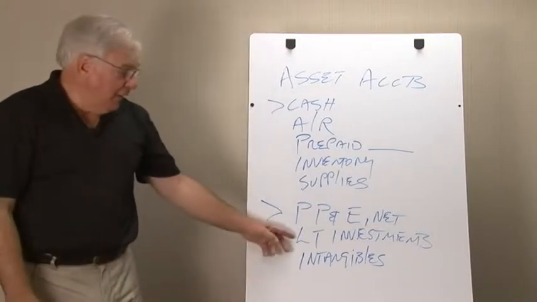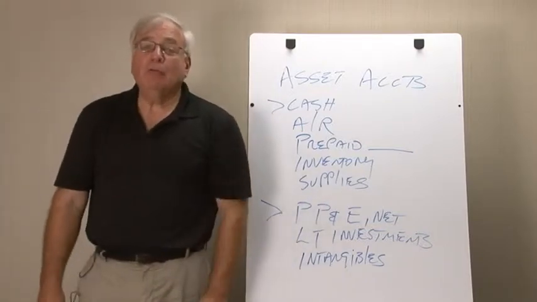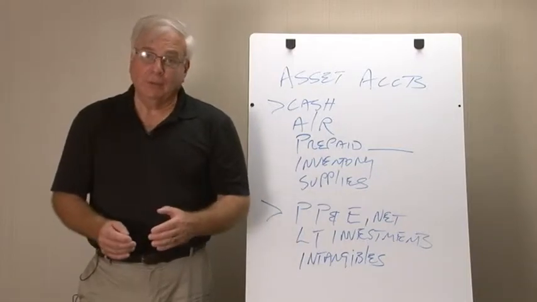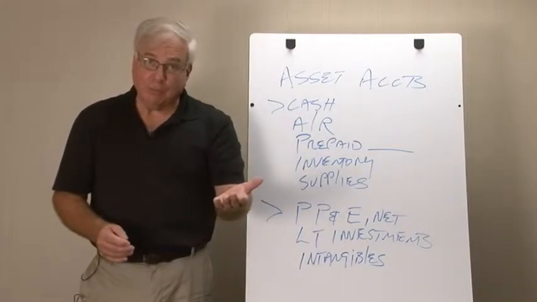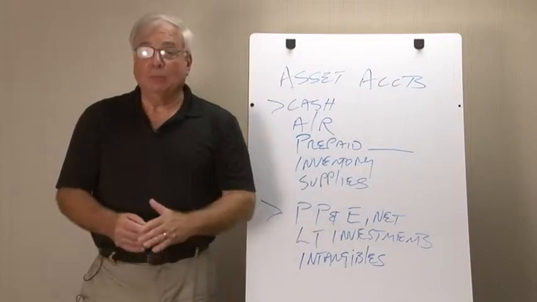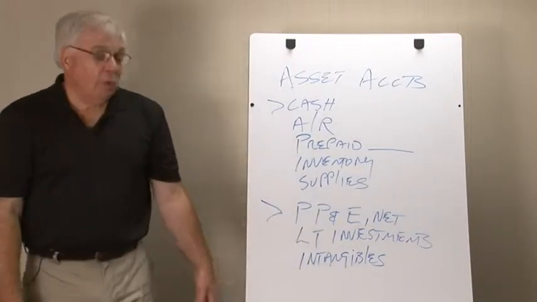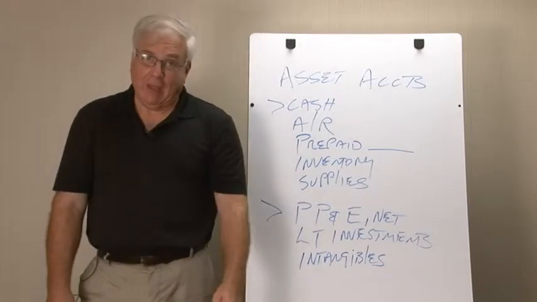The other thing you'll see down here, the company might have financial investments which don't mature until after a year. So they might have a 5-year treasury bond, something like that. That would be considered in the long-term investment section, along with any intangible assets they may have.